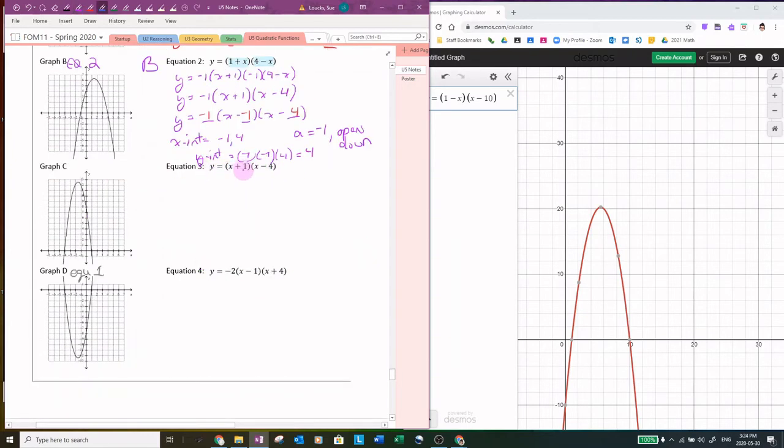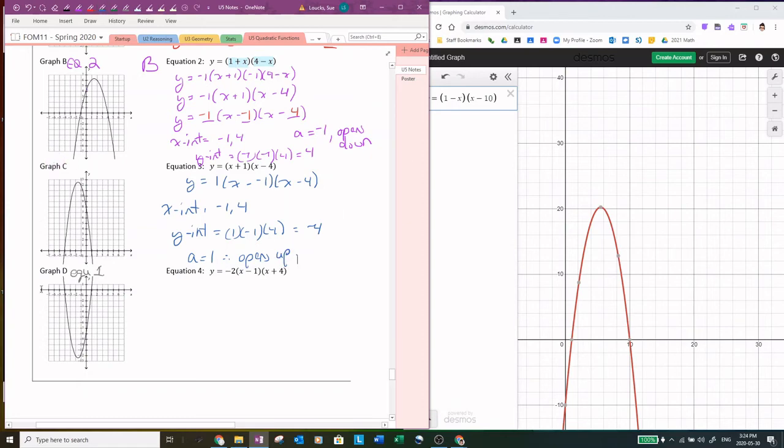Equation 3, I don't need the negative 1 thing, so I can just write this as y equals 1 times x minus negative 1 times x minus 4. So my x-intercepts are negative 1 and 4, and my y-intercept is 1 times negative 1 times 4, which is negative 4, and a equals 1, so it opens up.